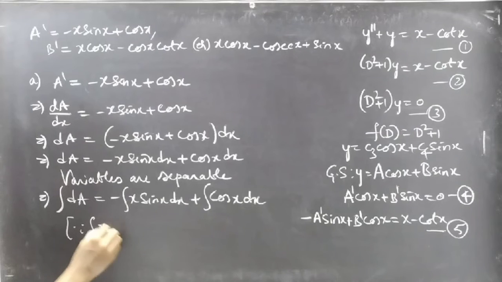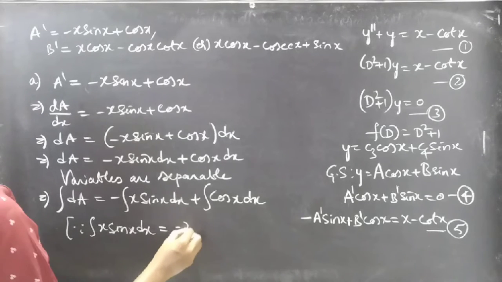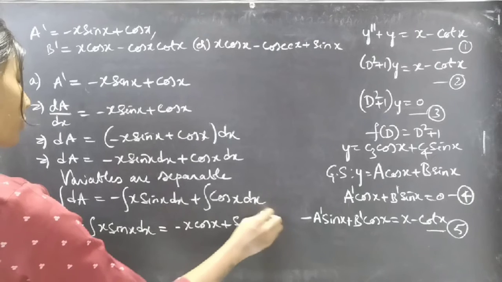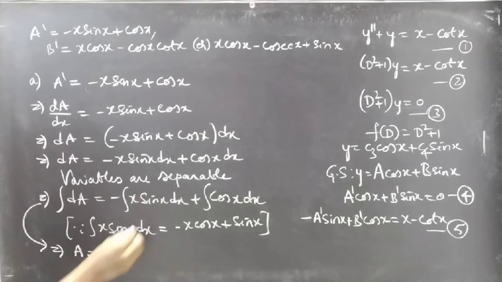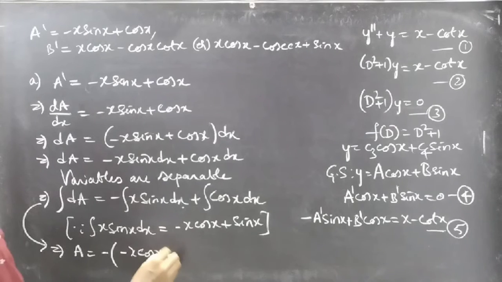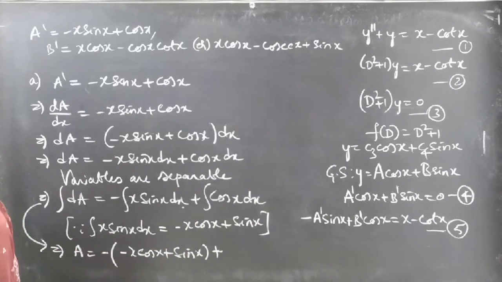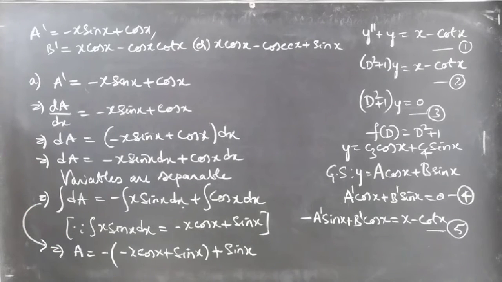Since integral x sin x dx equals minus x cos x plus sin x, the above equation becomes integral dA equal to minus of integral x sin x dx, which is minus x cos x plus sin x, plus integral cos x dx, which is sin x.